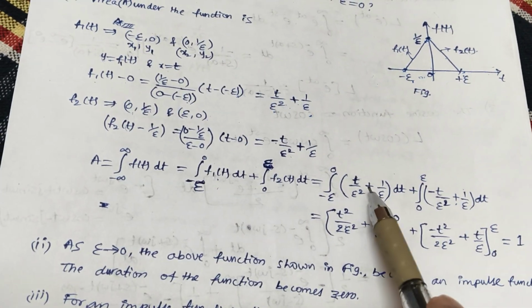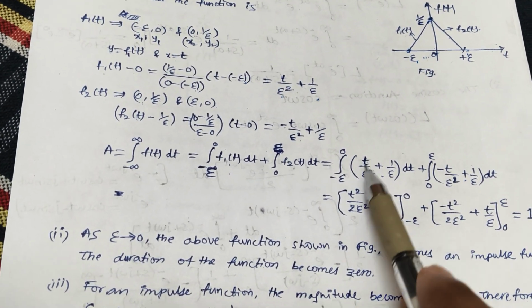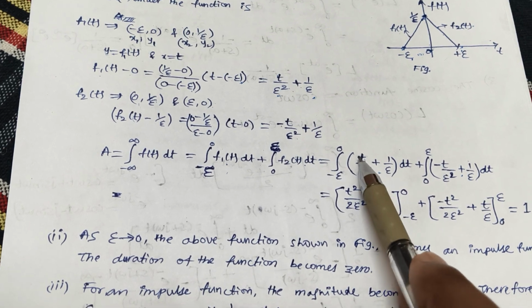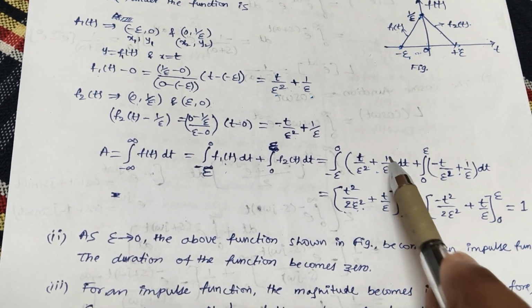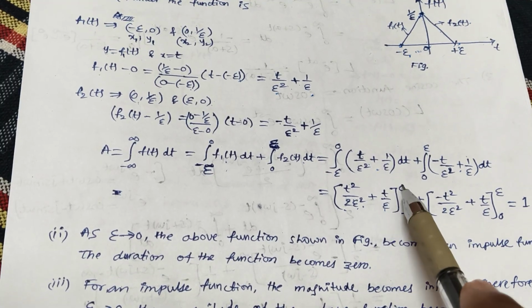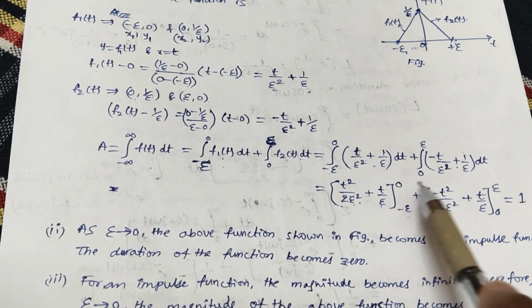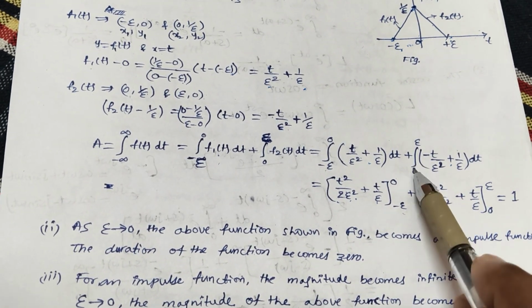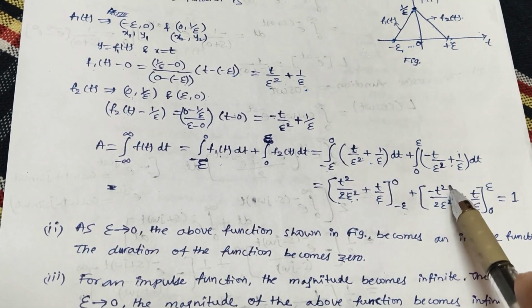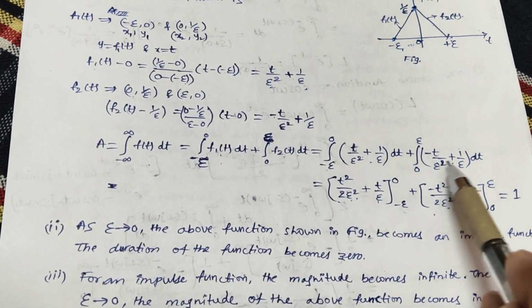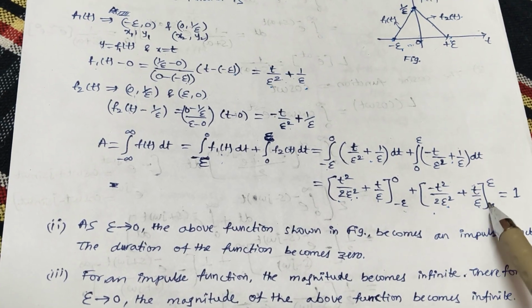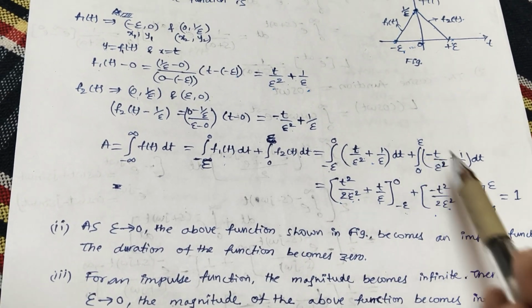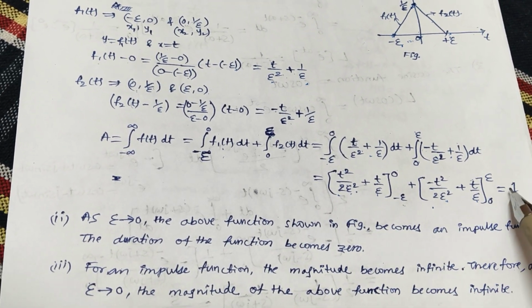If I do the integration, 1 by epsilon, epsilon is constant, integration of t is nothing but t square by 2 epsilon square, integration of 1 is nothing but t by epsilon. Substitute the limits minus epsilon to 0. In here, integral of minus t is nothing but minus t square by 2 epsilon square as usual, and integral of 1 is nothing but t by epsilon. Substitute the limits 0 to epsilon. If you substitute the limits, you'll get 1.